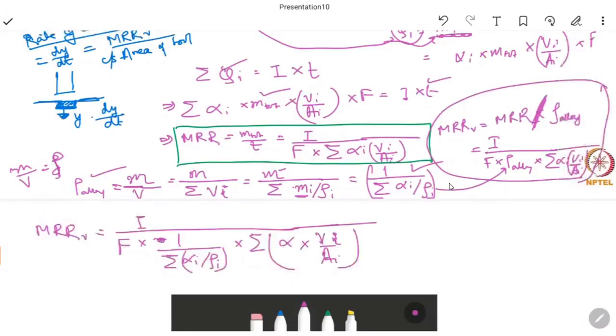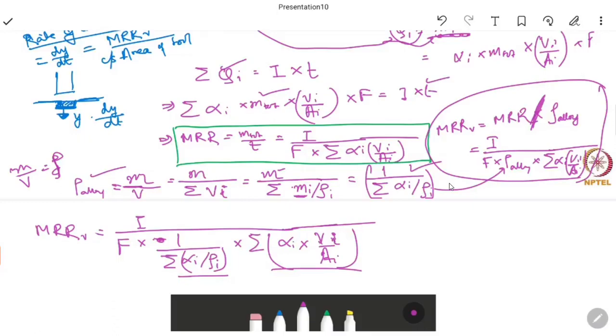Now all you have to do is evaluate these summations for each element.